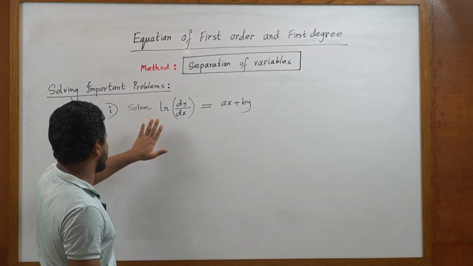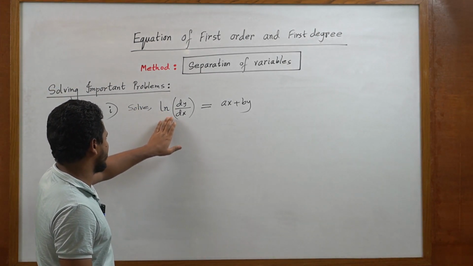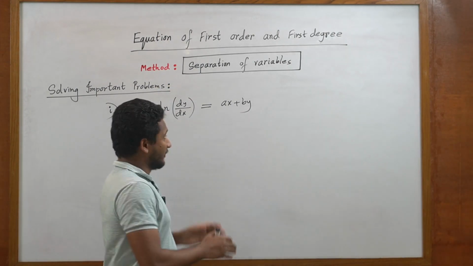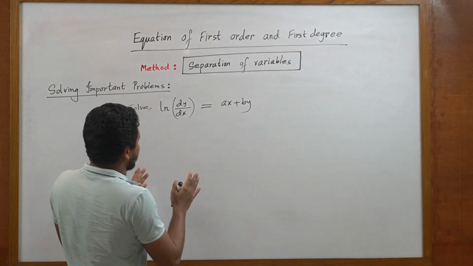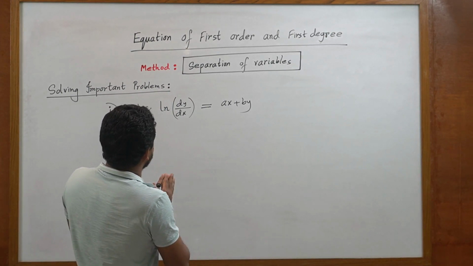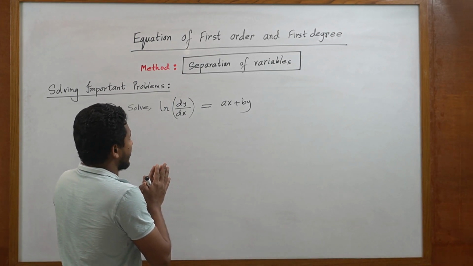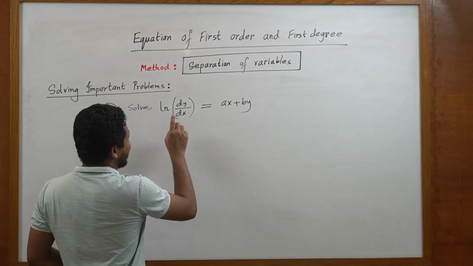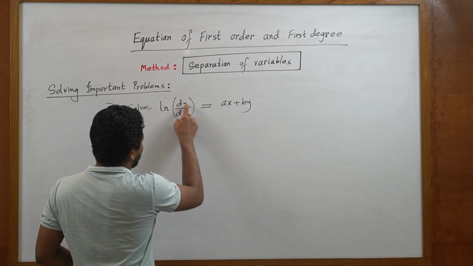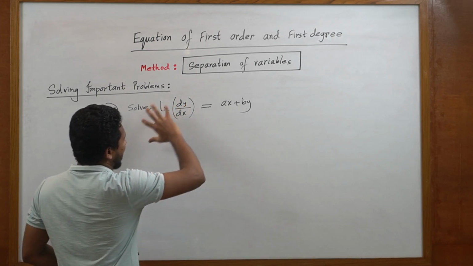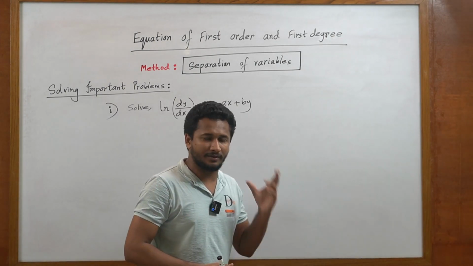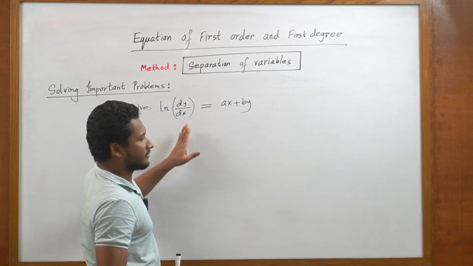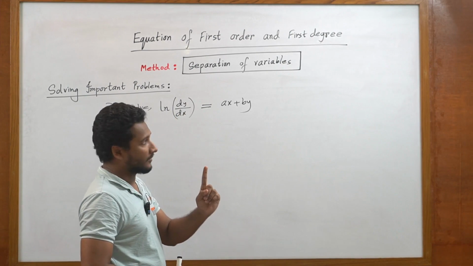First, the equation natural logarithm of dy/dx equals ax plus by. Now check whether the equation is first order or second order. Since the highest derivative here is the first derivative, the order is 1.